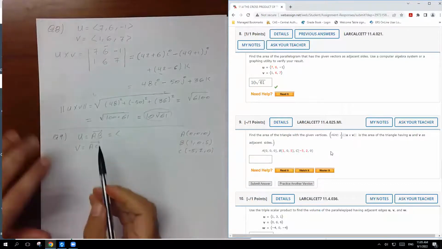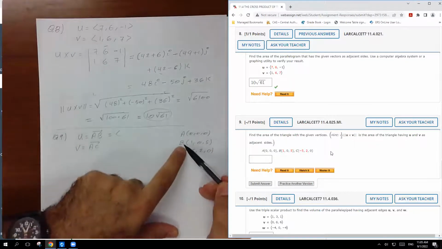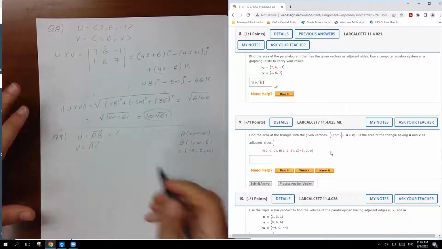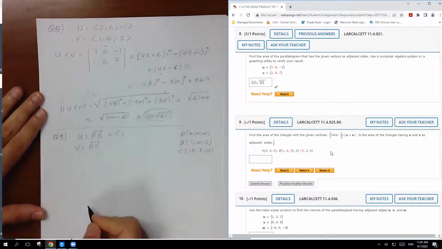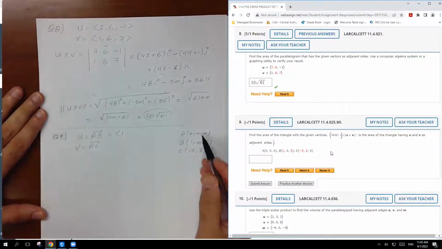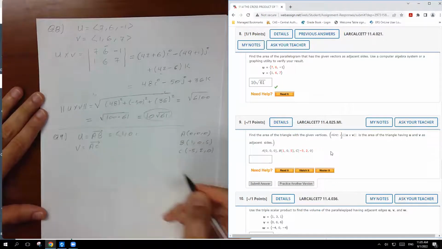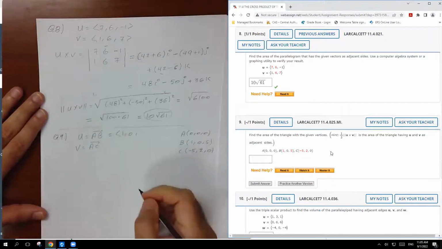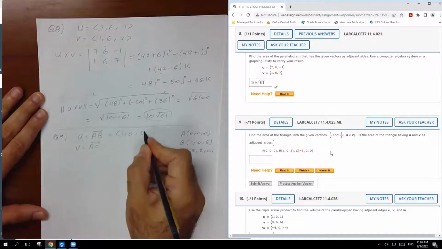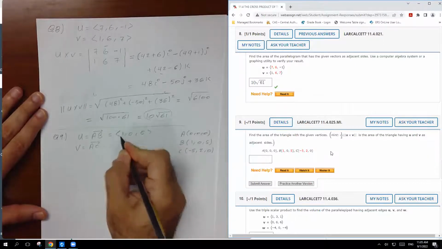Between A and B, so this is the terminal. 1 minus 0, so here's 1. 0 minus 0 is going to be 0. 5 minus 0 is going to be 5. This is the first vector.